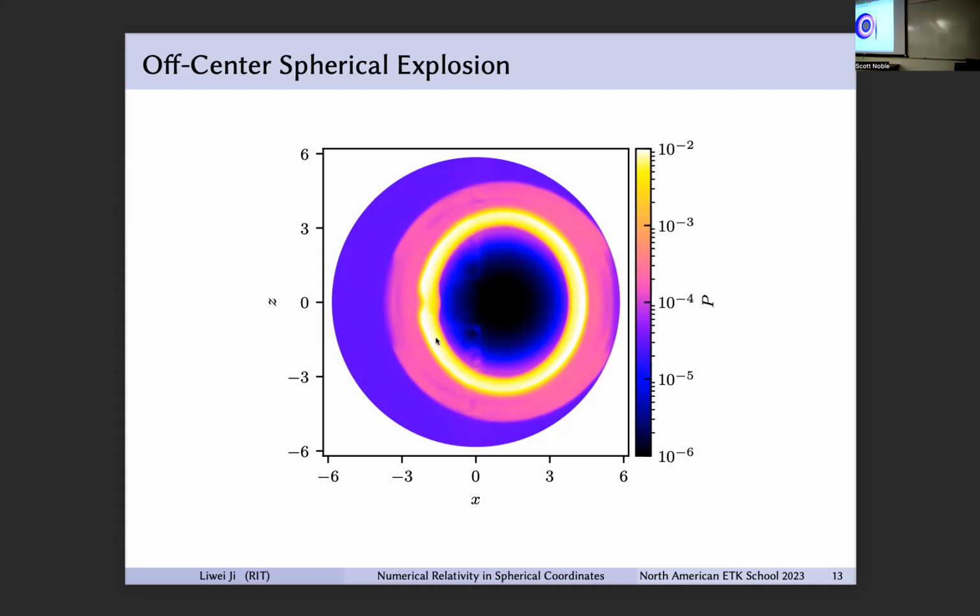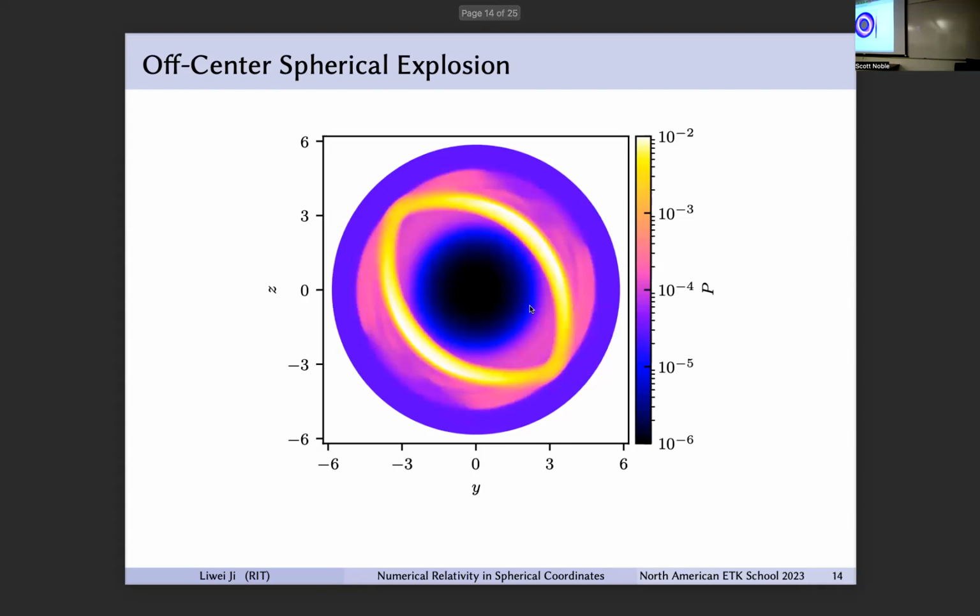This is basically the shock. It can go through the origin, but it still has some small artifacts along the axis. Here's the XZ plane, and here's the same simulation on the YZ plane.